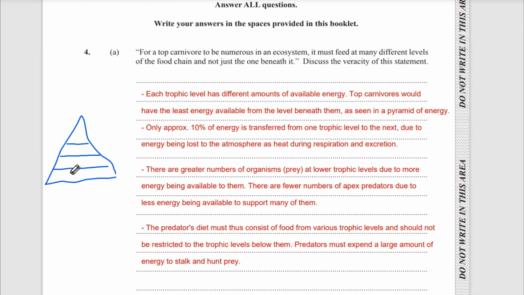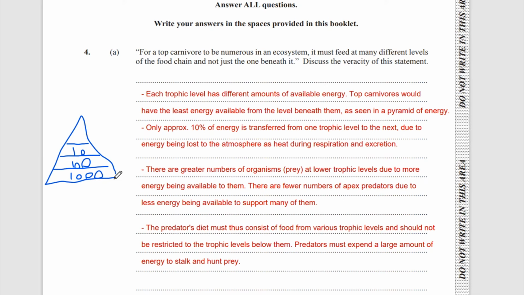So, for example, if you had 1,000 units here, I'm just making up a number, you would only have 100 units available here per organism, and then you would only have 10 here, and so on. So if the organism at the top only feeds on this one that only has 10, it's not going to have enough. So typically it will have to feed at lower levels as well if it wants to survive.